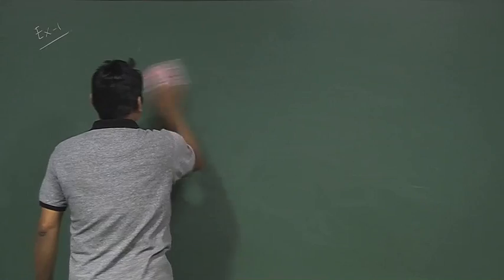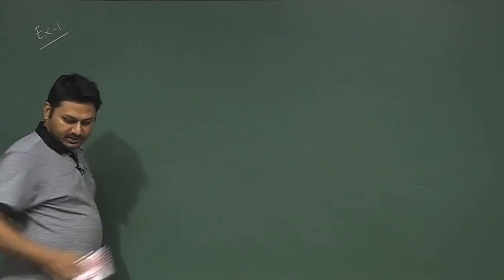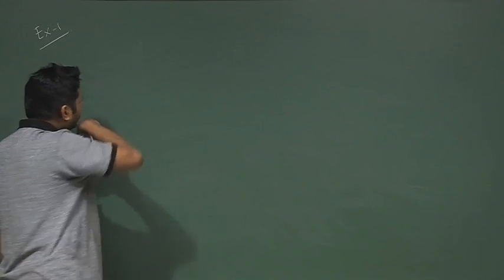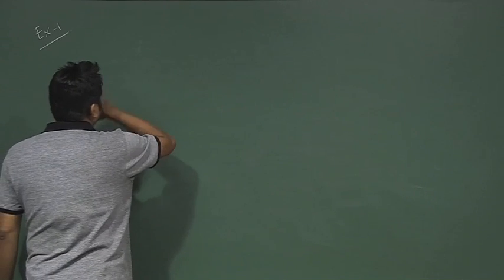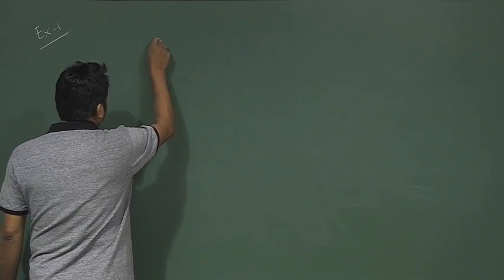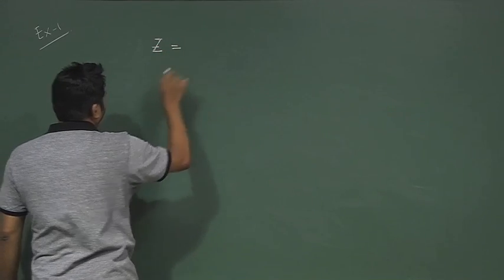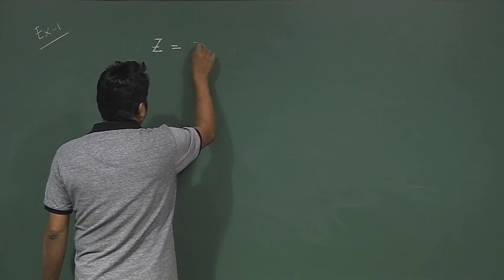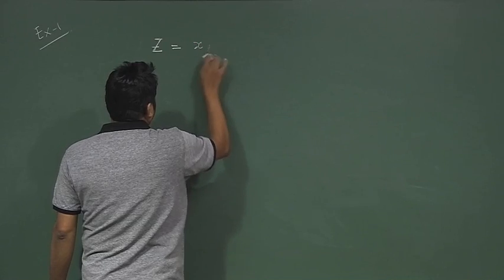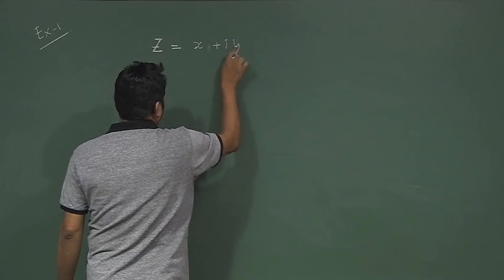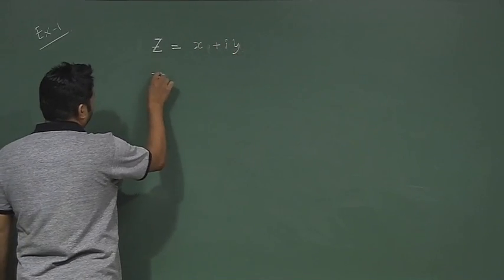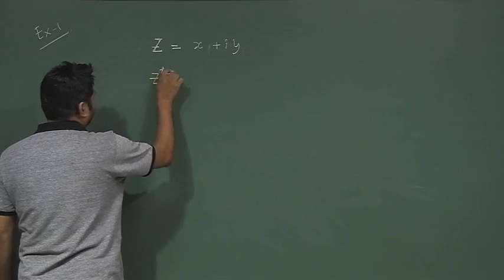Now, after having that, let me give you a few pieces of information. So, z is equal to x plus iy, and we call z star the complex conjugate.